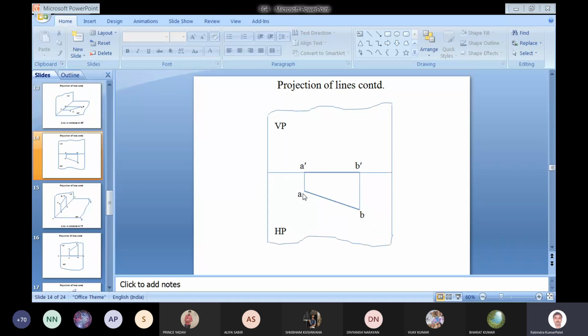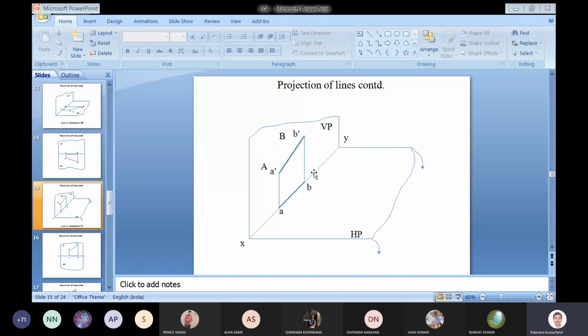AB is the projection of the line in the horizontal plane and is called the top view, and A dash B dash is the projection of the line AB onto the reference line, and it is the front view.